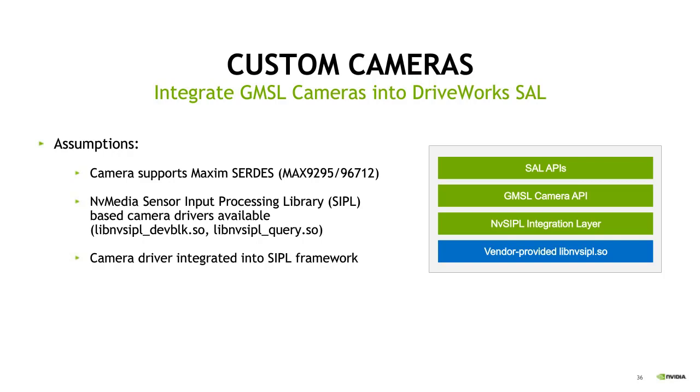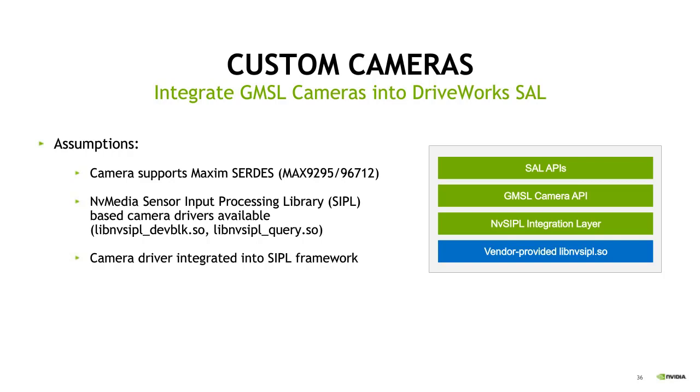The custom camera feature, however, is also compatible with GMSL1, the Maxim96705 and 96712 combination. Custom camera relies on the NVIDIA SAL library, so you will need a vendor-provided SAL library file for the camera you plan to use. Once you get this file from the vendor, you integrate the GMSL camera APIs, and then you integrate into the DriveWorks sensor abstraction layer.